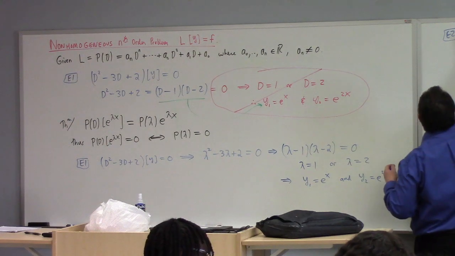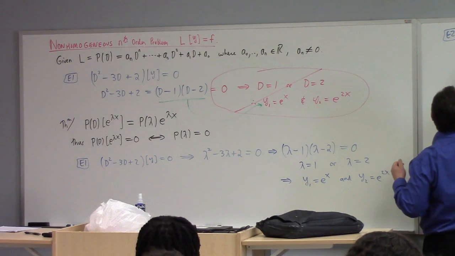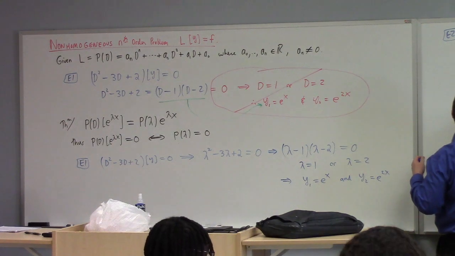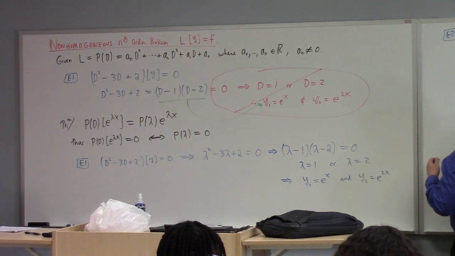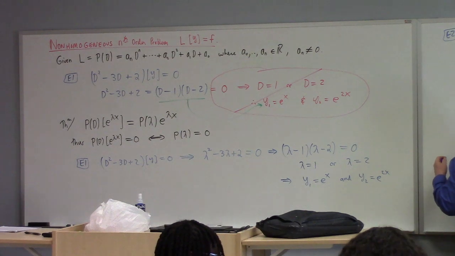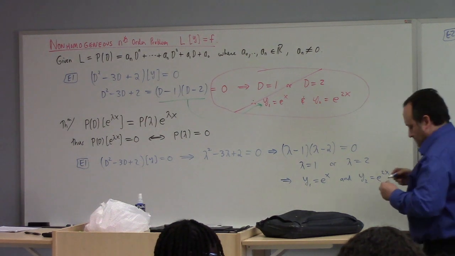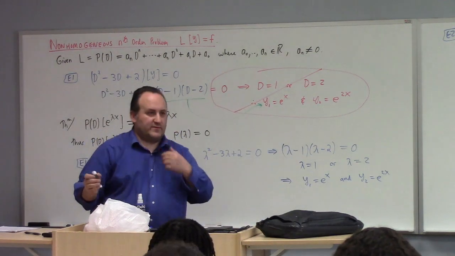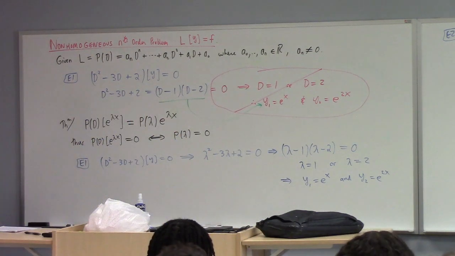So suppose we're up against y triple prime plus 4y prime plus 5y double prime plus 5y prime equals 0. If I wanted to write down the characteristic equation for this problem, what would it be? What's the characteristic equation?